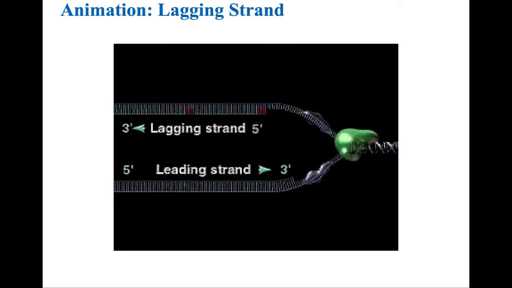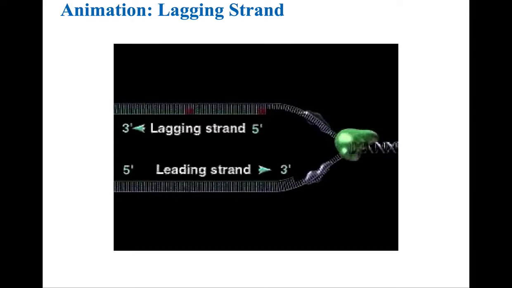Here's another video that is worthwhile watching. Now, the magic of this particular slide and this particular video that we're going to see is that one strand is called the leading strand. Because when you open up the DNA, and we already said that the DNA is double-stranded, it is also directional. All right, so one strand is going to be leading strand, the other one is the lagging strand.